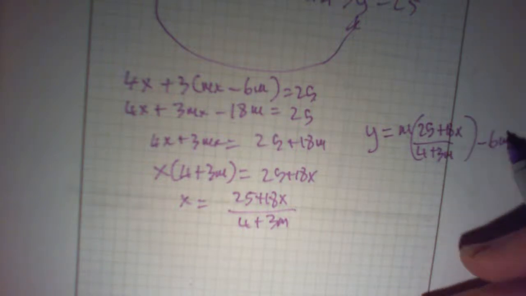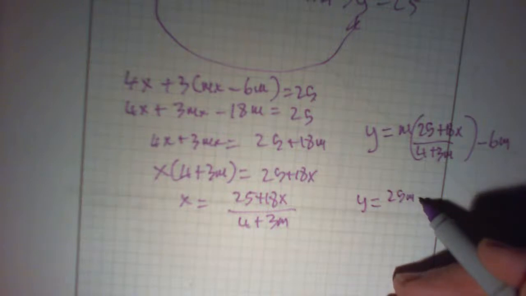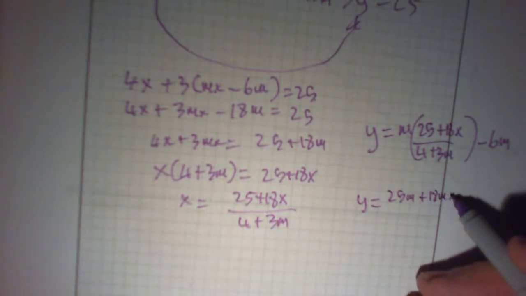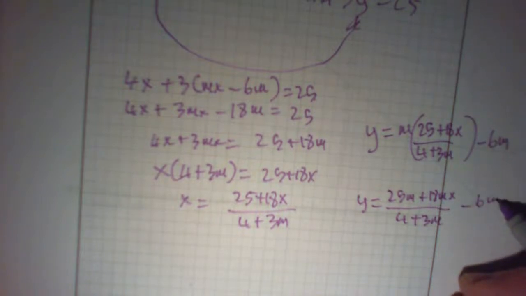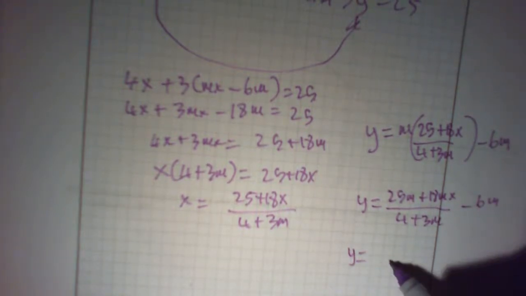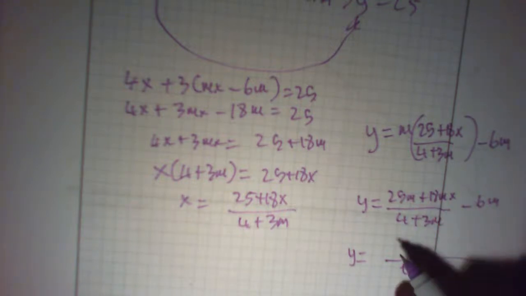We'll get a lowest common multiple and make it one fraction. So y is equal to 25m plus 18m squared over 4 plus 3m, minus 6m. So y is equal to, with common denominator 4 plus 3m, now that into that goes once, so this top line stays the same.